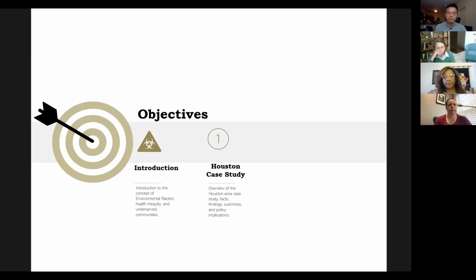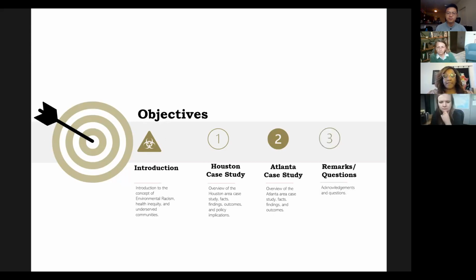Next will be an overview of the Houston, Texas case study characterizing the environment, a discussion of the study's findings and the policy implications. We will then move on to Atlanta, Georgia, and discuss the background of that case study, the purpose of the study, and the outcomes. And then finally, we will conclude with my remarks on environmental racism and acknowledgments, and I'll answer your questions. So let's get started.